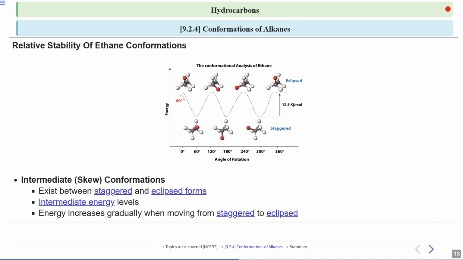If you are at a place where your angle of rotation is closer to your eclipsed conformation, then the skew conformation that you are getting will be a less stable one, right? But if your angle of rotation is closer to the staggered conformation, then you will get a conformation that is more stable, right?